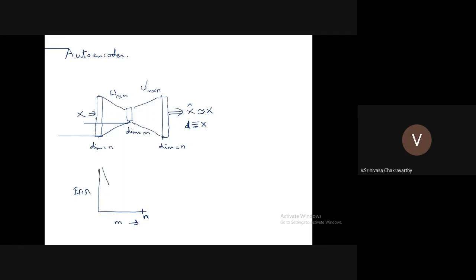So you can think of it as maybe varying like this. That is one possibility. Or you can think of it as varying like this. That is, not only at m equal to n, even for much smaller m, maybe error will be very low or almost zero.